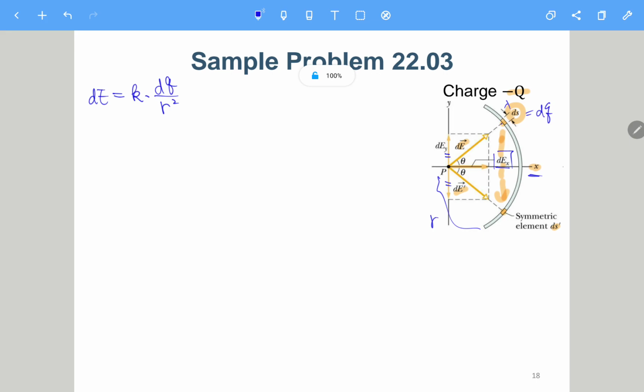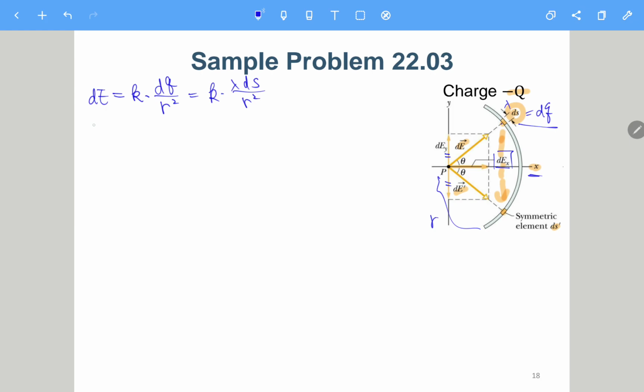Small r is a known variable, so we don't need to express it with other variables. Here dq should be lambda ds, so we can write it as k times lambda ds over r squared.